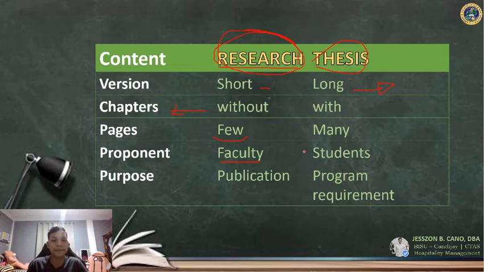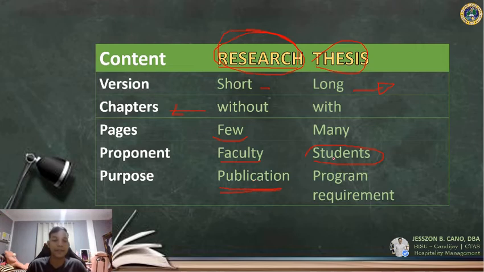But for the thesis, the proponents are the students. The students are required to make a thesis in order to pass the said program or course. And for the research format, the purpose is for publication. For example, the research or study is published on a particular website like DOAJ, and also in ResearchGate and Google Scholar.